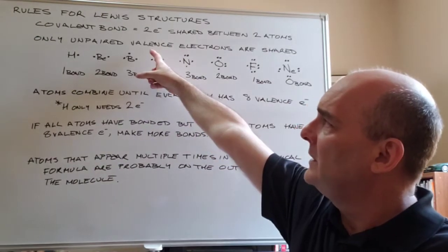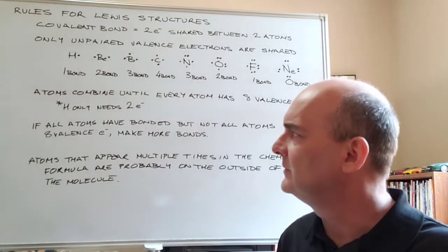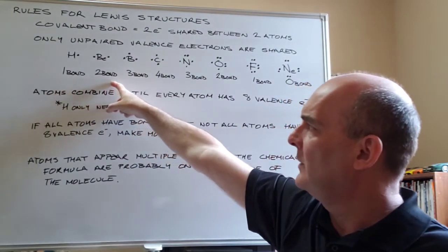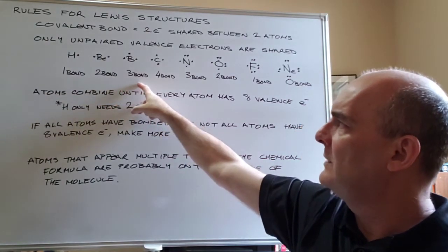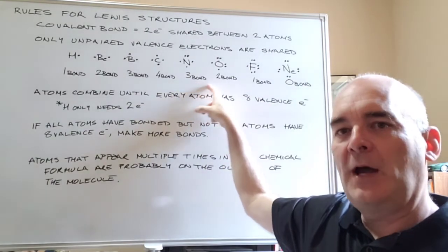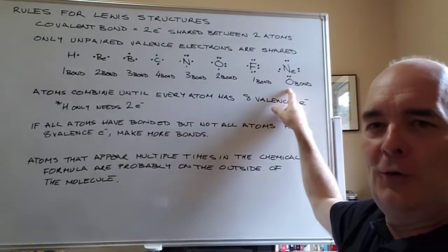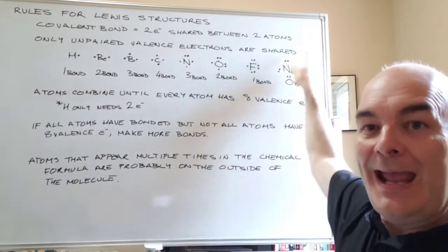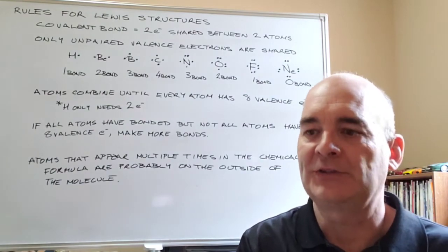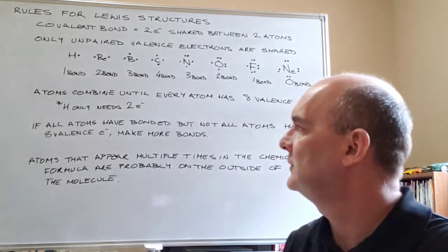We're only going to be using the unpaired valence electrons in our atoms, which means what I just said: group 1 makes one bond, 2 bonds from group 2, 3 bonds from group 3, 4 bonds from group 4, 3 bonds from group 5, 2 bonds from group 6, 1 bond from group 7, and no bonds at all from group 8. 8 is going to be a very stable number of electrons, and that is a number that we come back to.